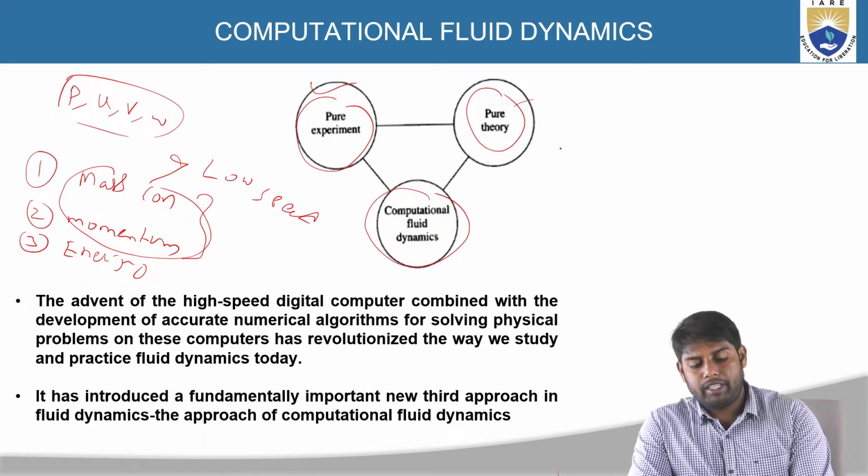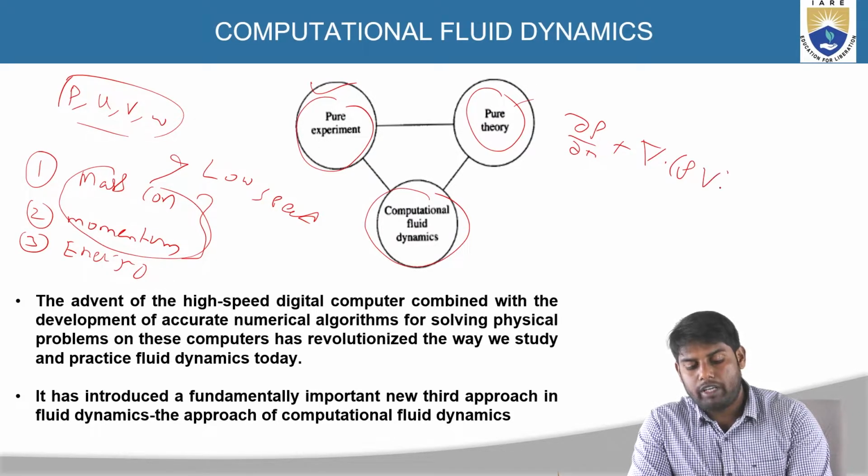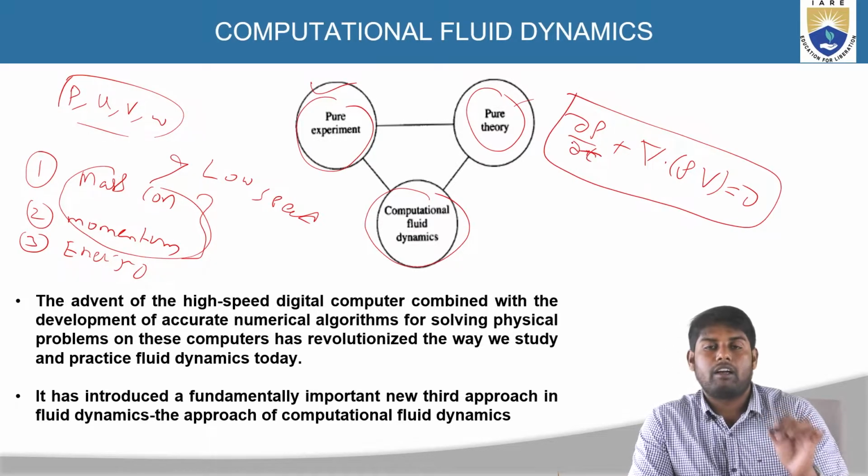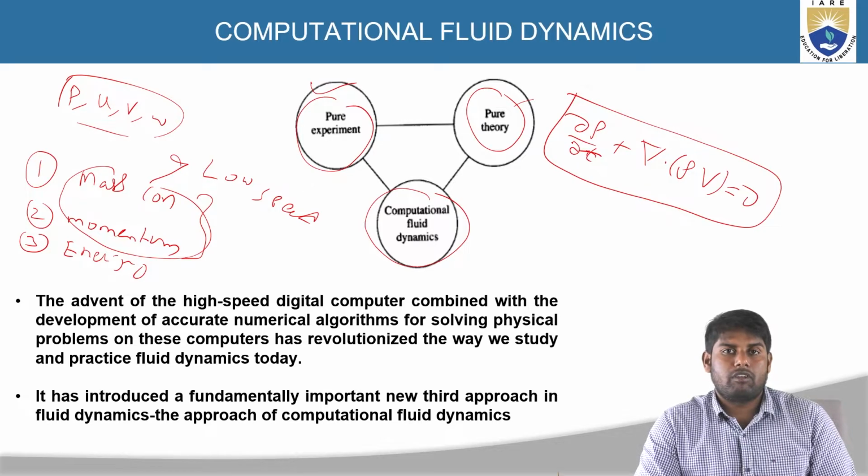So if we see the continuity equation, dou rho by dou t plus del dot rho v equal to 0. So this is the generic equation of the continuity. This continuity equation will tell us whether the flow is incompressible or compressible. Okay, and it can say whether the flow is steady or unsteady, whether the flow is uniform or non-uniform.